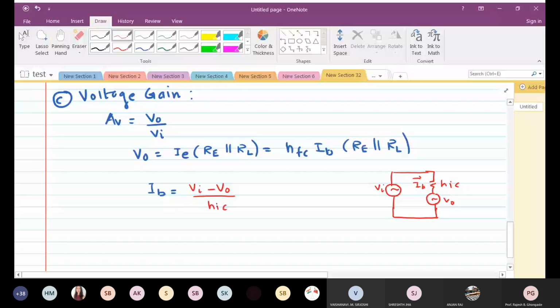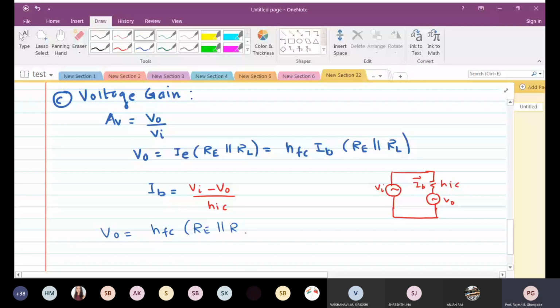Okay. So I can write Vo as HFC into RE parallel RL.